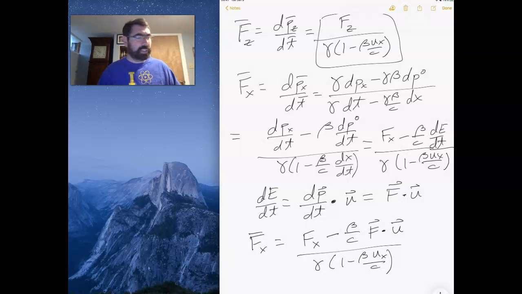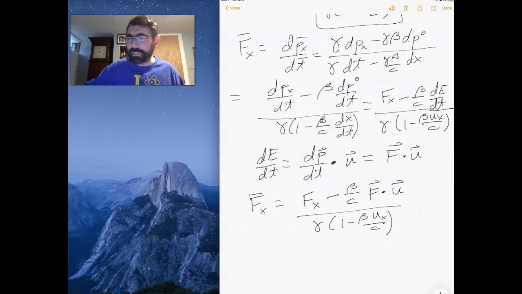So the interesting thing is that in the y and the z components, the x velocity is now contributing to the force, and in the x direction, the x force in one frame is related to the x force in the other frame and the power that you would have there.